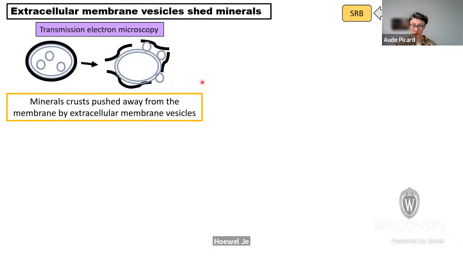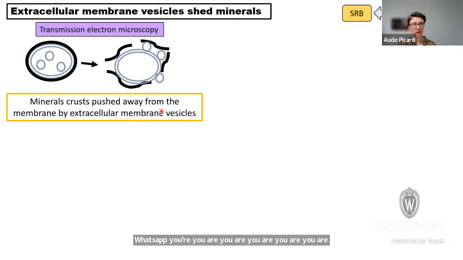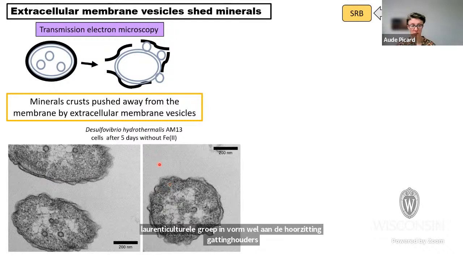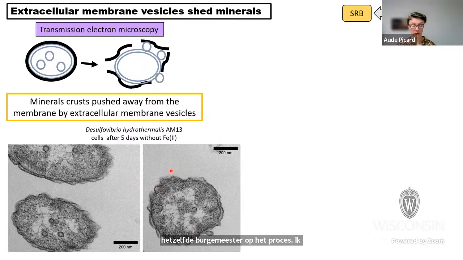So trying to understand how the microbes shed minerals, it looks like the crusts are pushed away from the membranes by extracellular membrane vesicles. This is something that we see in the cultures without iron. You can see those vesicles being formed, and they are just popping out of the cell. This is a very common mechanism that happens in cells, whether iron is there or not.